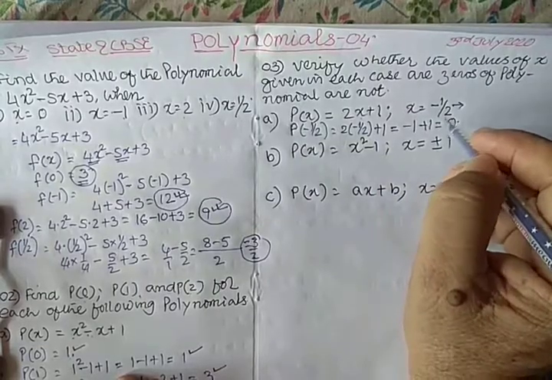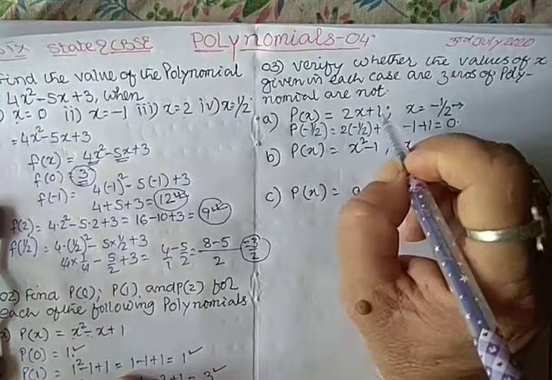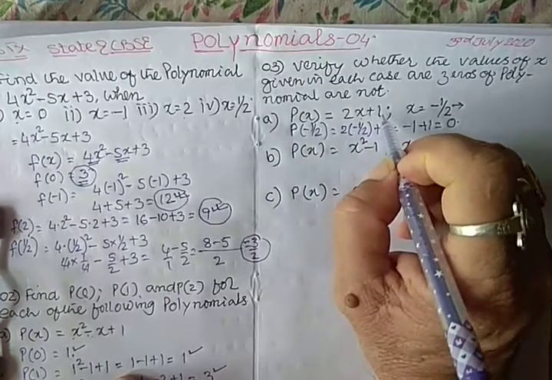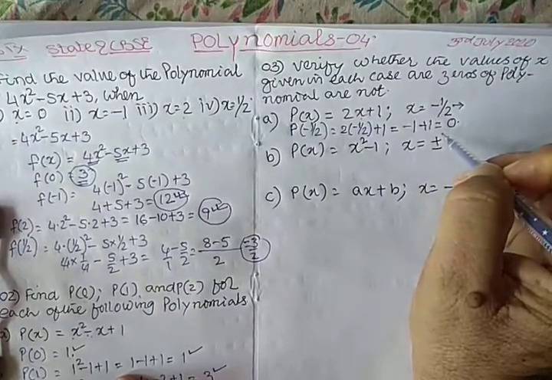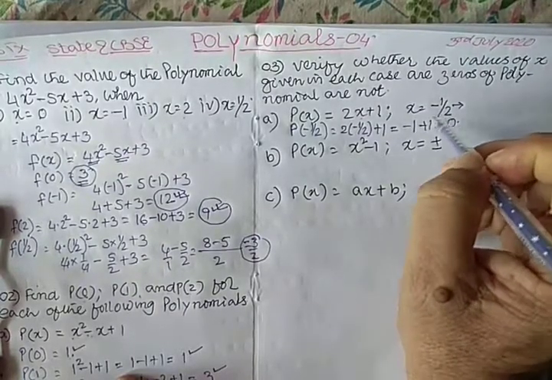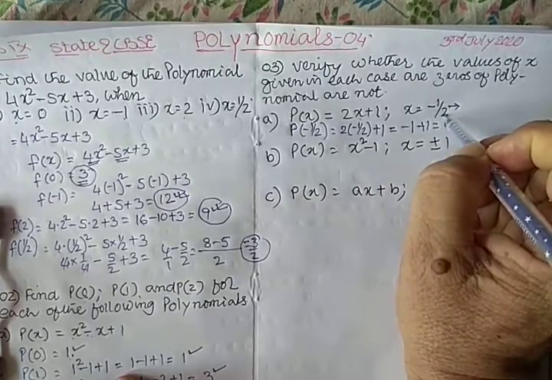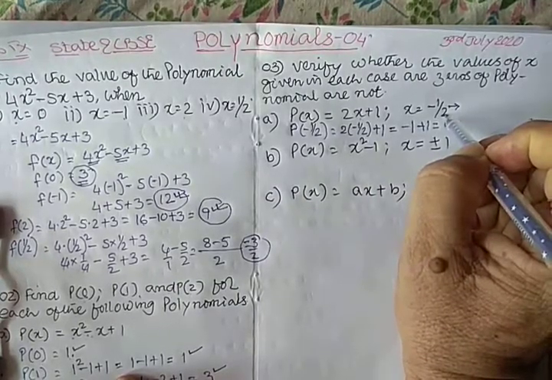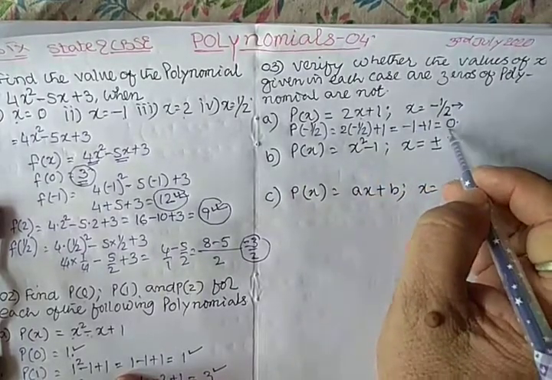Why? What is the reason? When we replaced the value of x here, this polynomial has become 0. When we replaced the value of x by minus 1 by 2, what did we see? We saw that the polynomial has become 0.